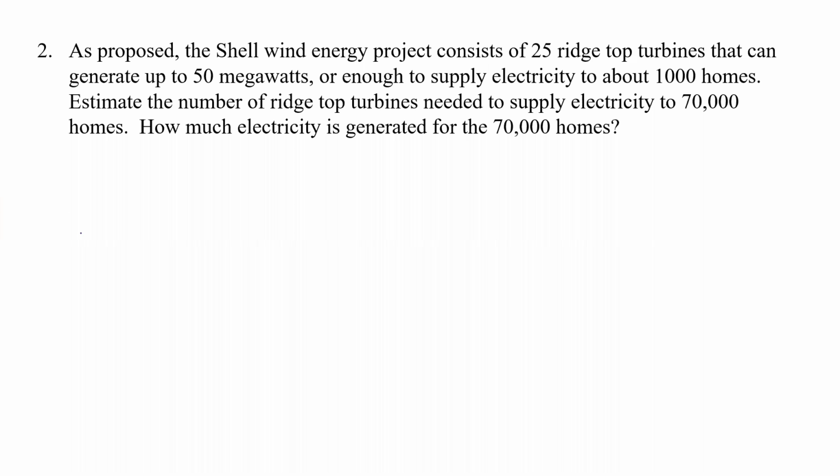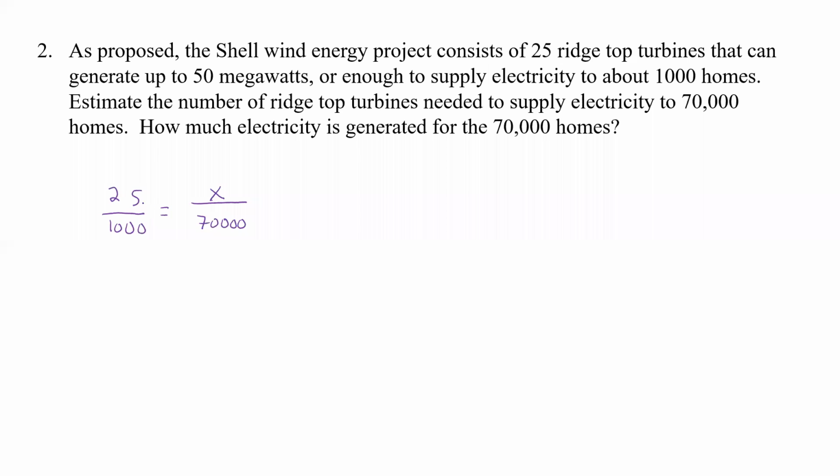And so what we need to do is find out first how many turbines are needed to supply 1,000 homes, we need to set this up as, well, 25, or actually 70,000. We know how many the 1,000 is. How many is going to be 70,000?